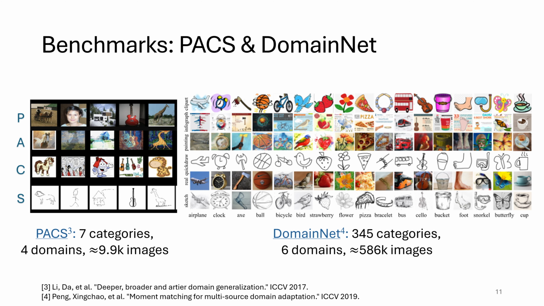We benchmark our method on three popular datasets. The PACS dataset contains 7 categories, 4 domains, and nearly 9.9K images, while DomainNet is a larger dataset with 345 categories, 6 domains, and roughly 586,000 images.